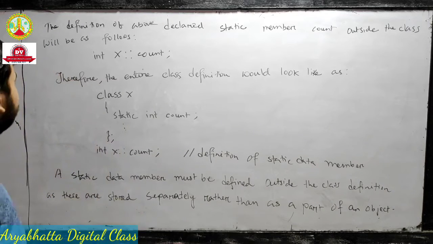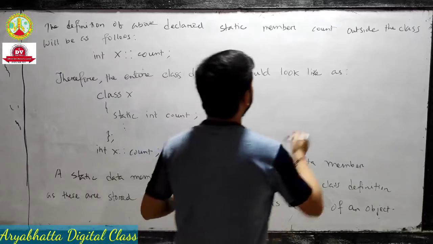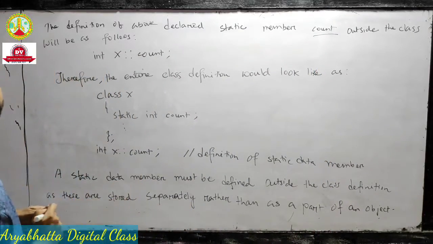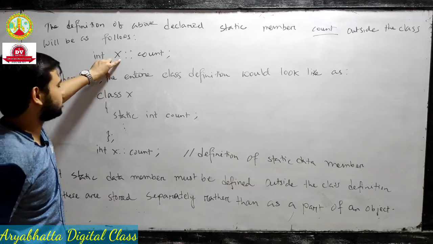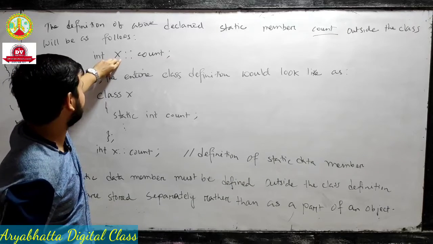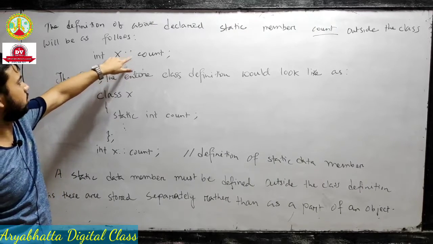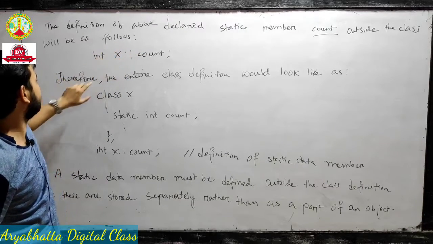The definition of the above declared static member count is where we declare the variable count outside the class definition. The class will be as follows with reference to x, where x is the class and count is the variable. We declare the scope resolutor with respect to this.